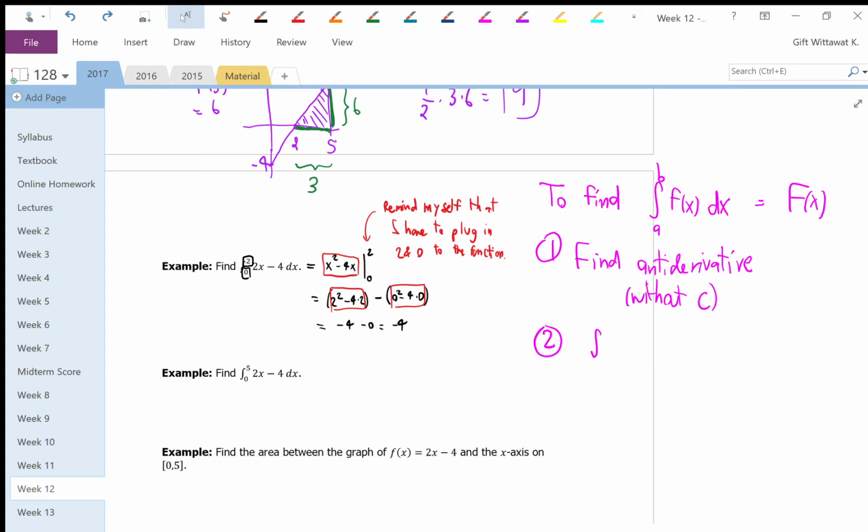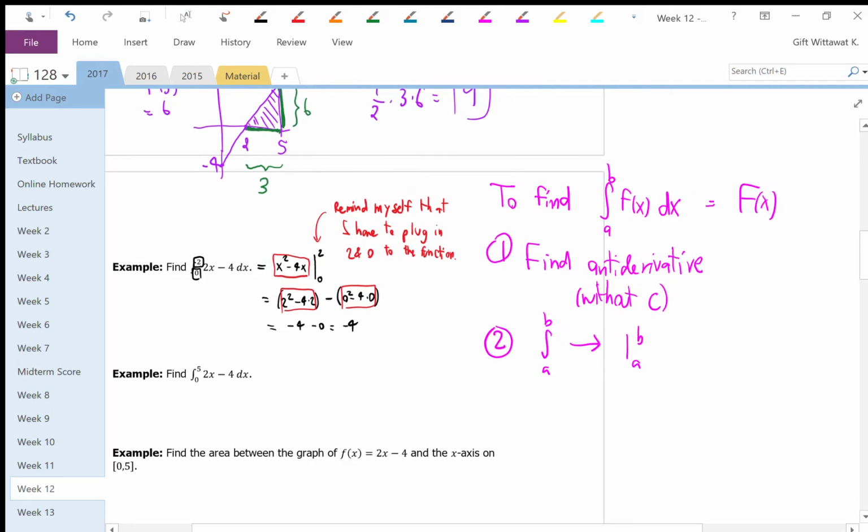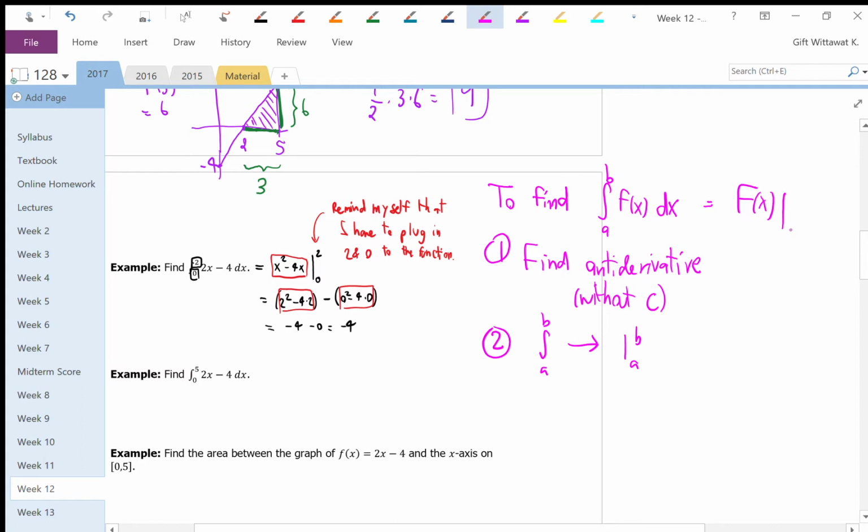So when you do the antiderivative, you change from the integral from a to b to the vertical bar from a to b.